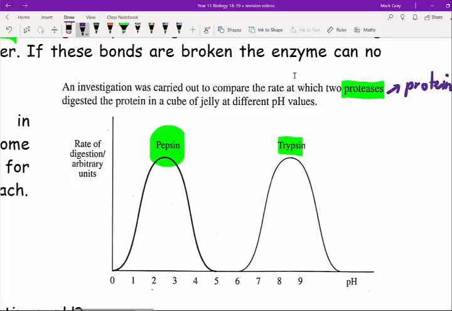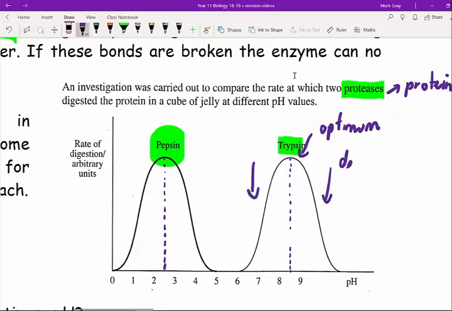Now, if we just look at where their highest point is and read down from it, this will tell us the optimum pH. So it's just exactly the same. The highest point is the optimum, and either side it is going to be denatured.